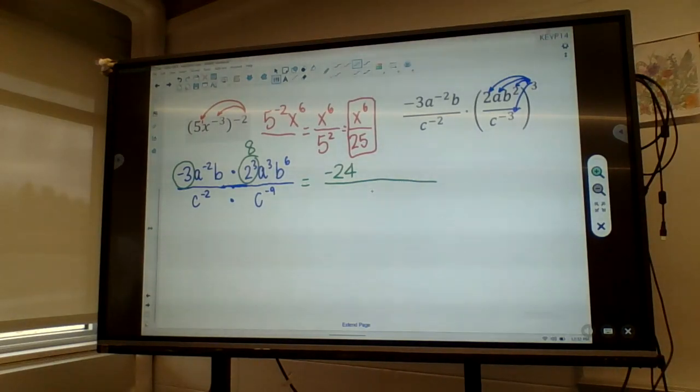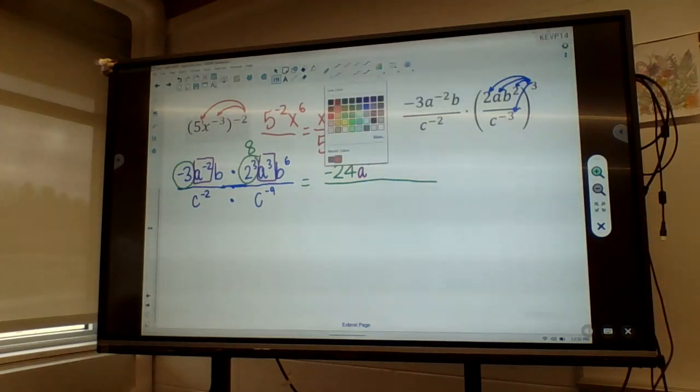Now we're going back to the front side of our notes, our exponent rules with multiplication. So I have this a to the negative 2 and this a to the third. It's just going to be a to the first or just a. So if you want to write the first power, you can. So we just added those together, negative 2 plus 3. So our next thing here is our b.